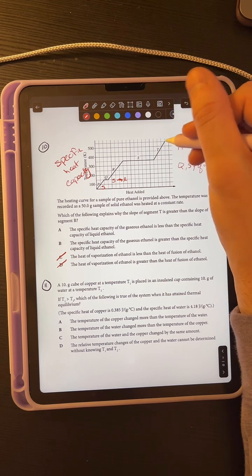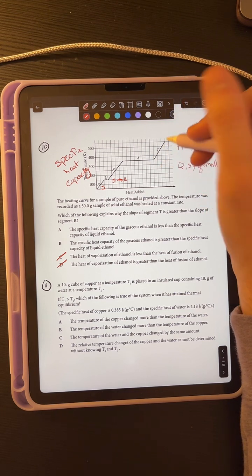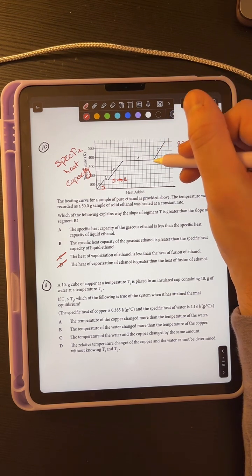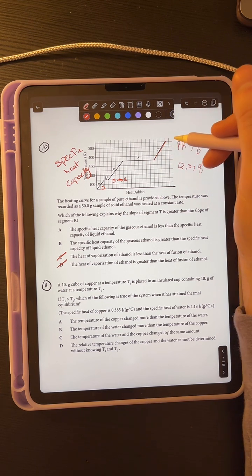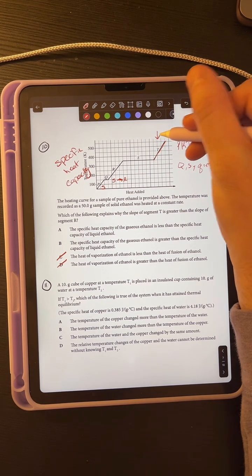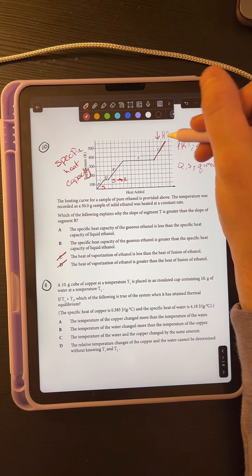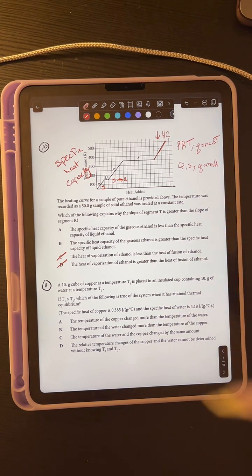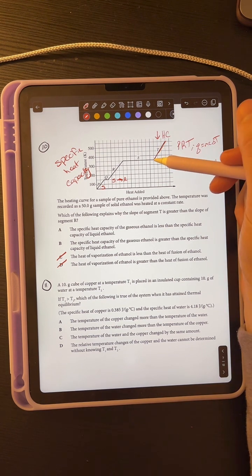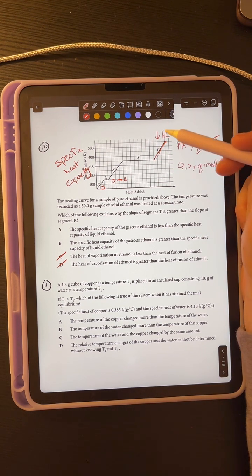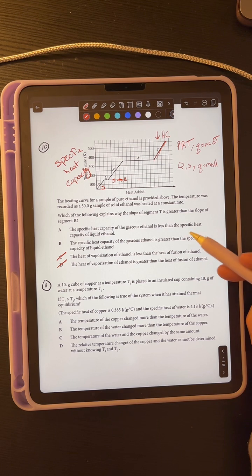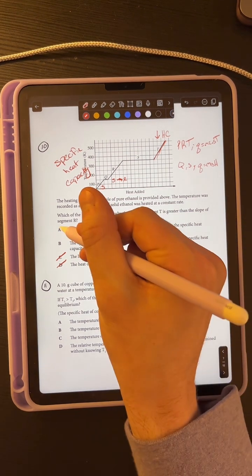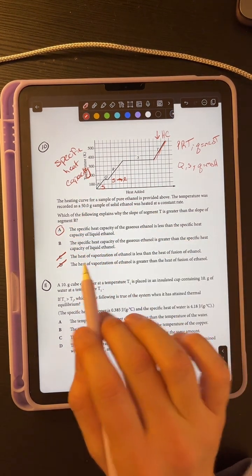If it's changing temperature at a greater slope, it's increasing quicker, that means it's going to have a lower heat capacity, because something with a lower heat capacity changes temperature quicker. Since that has a greater slope, it has a lower heat capacity. So that seems to be true. I'll circle it, but let's just take a look at B.